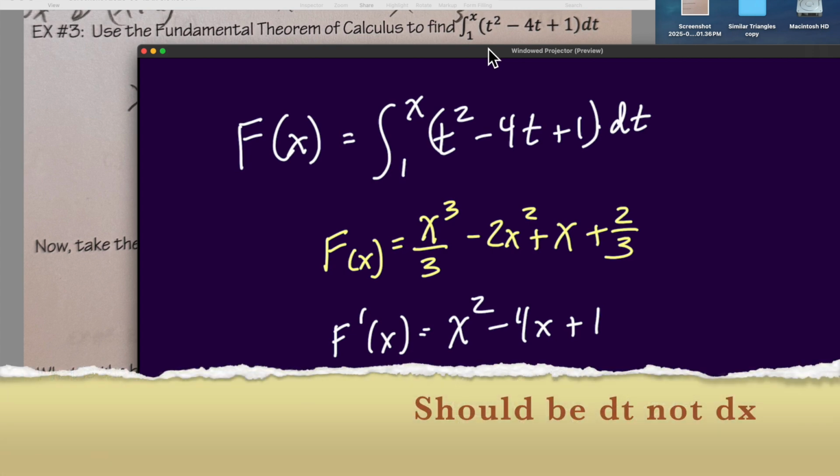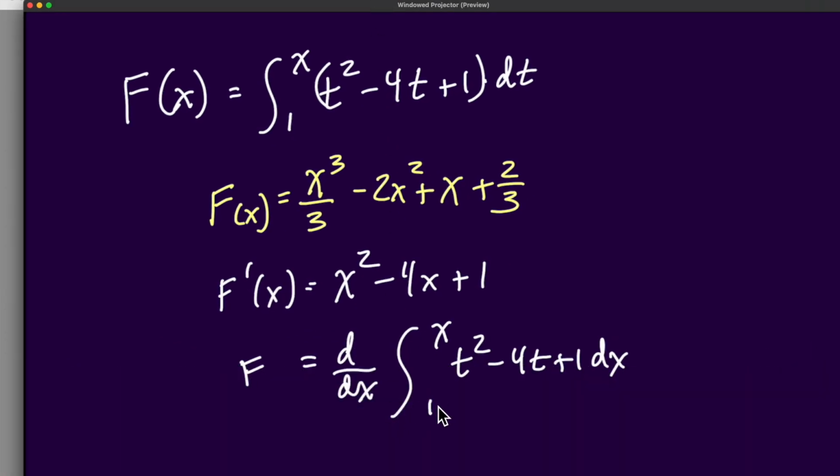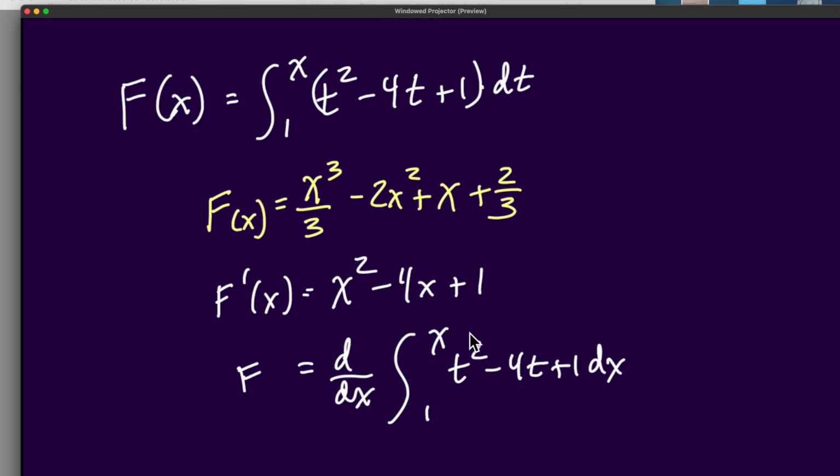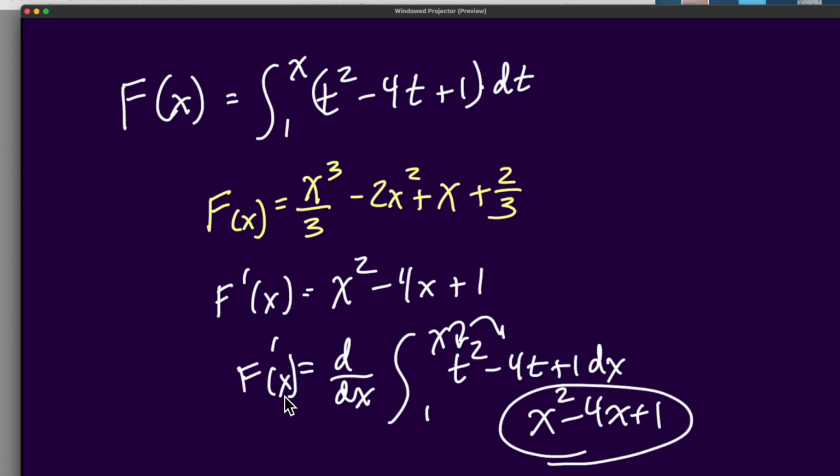We're allowed to take this, as long as that's a constant. Is that a 2 or a 1? I can't remember. It's a 1. As long as that's a constant, we're allowed to take that x and plug it in if our goal is f prime of x, and we would end up with x squared minus 4x plus 1. And don't forget, you have to take the derivative of that. In this case, it's just 1, and multiply that for the chain rule.